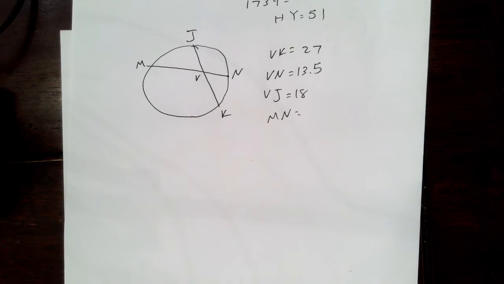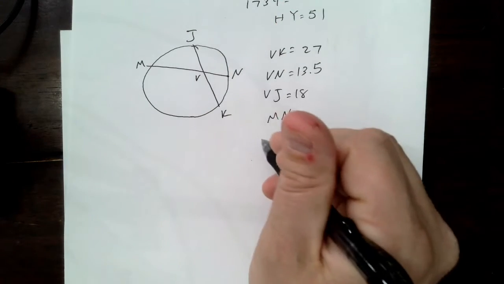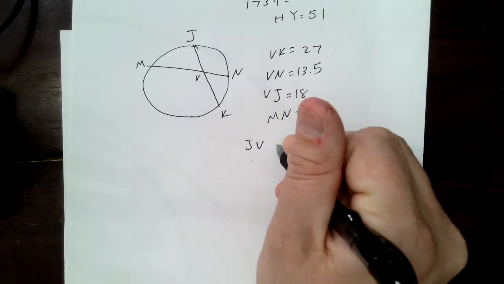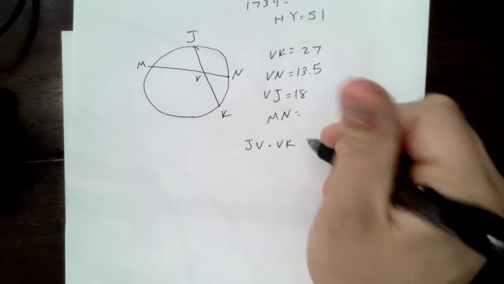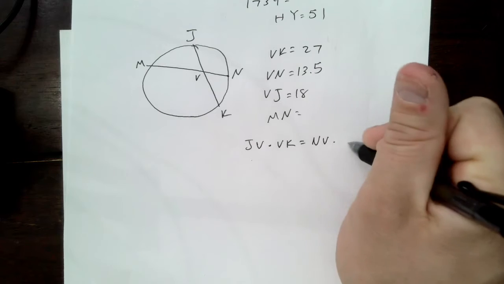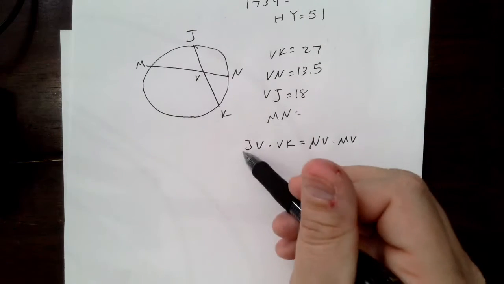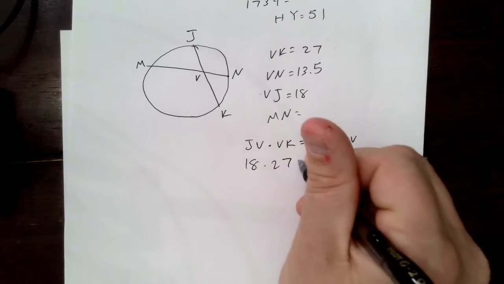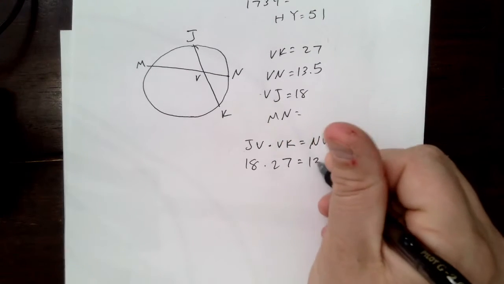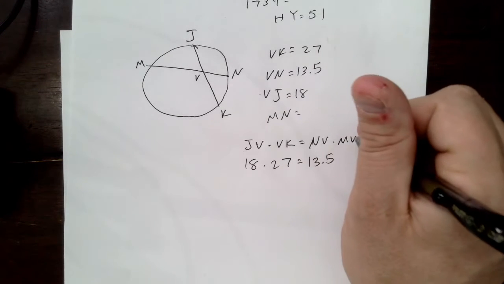Okay, so the formula is Section 1, Part 1, so let's just say we can call it JV times VK equals NV times MV. So JV right here is 18 times VK is 27 equals VN is 13.5 times MV, and they want us to find, oh, they want the entire line.